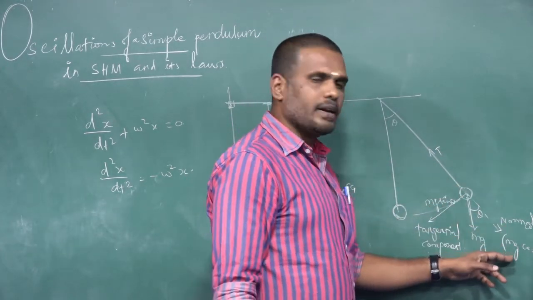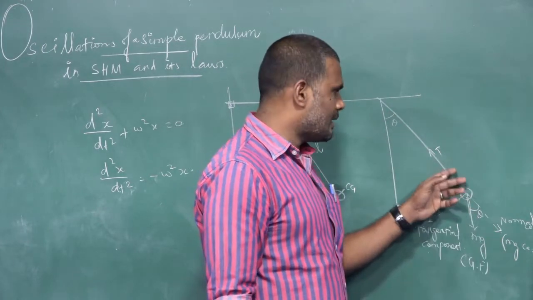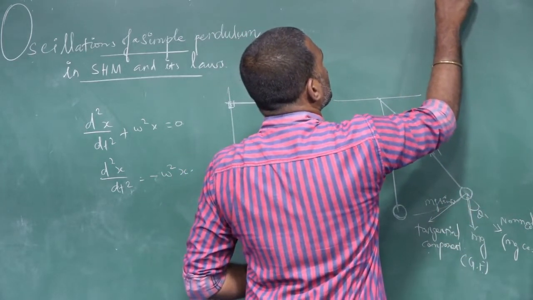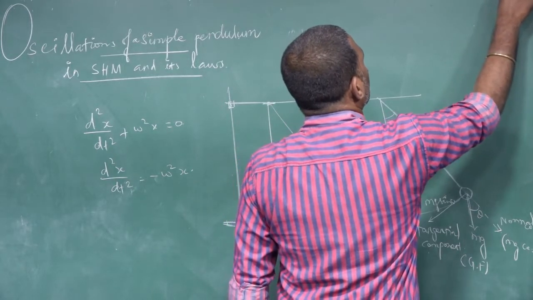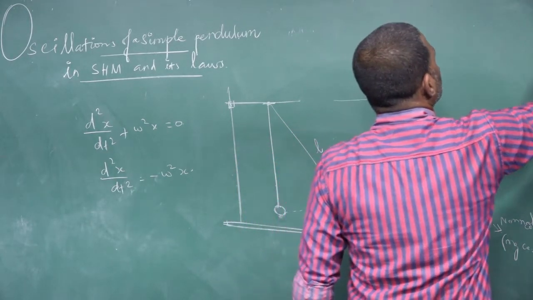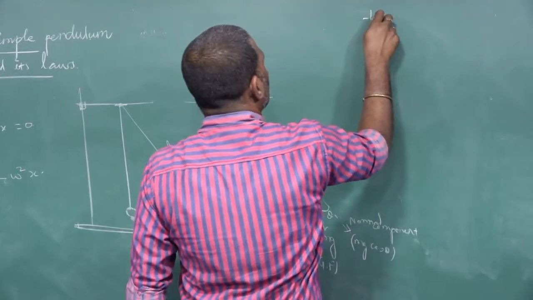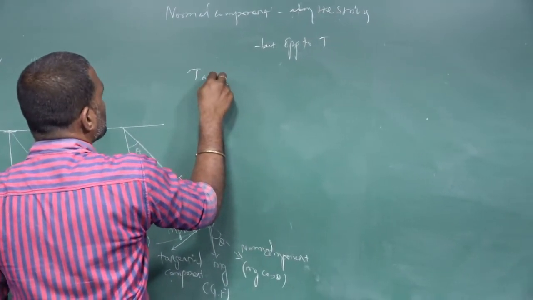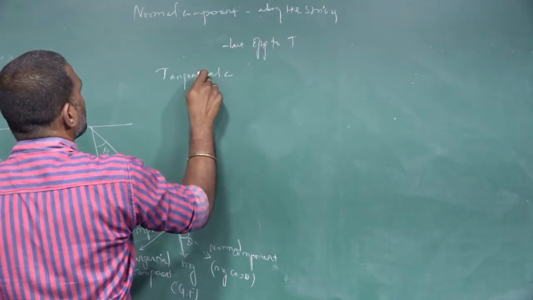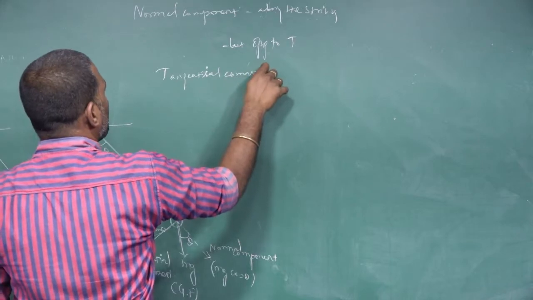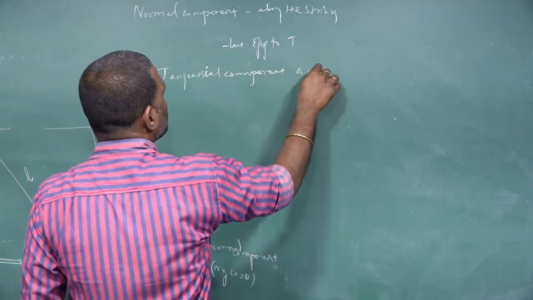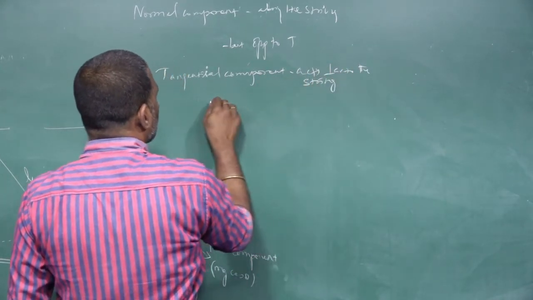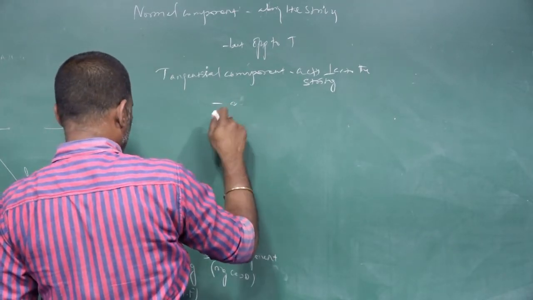The normal component, mg cos theta, acts along the string but in a direction opposite to the tension T. The tangential component acts perpendicular to the string, and is tangential to the arc length.